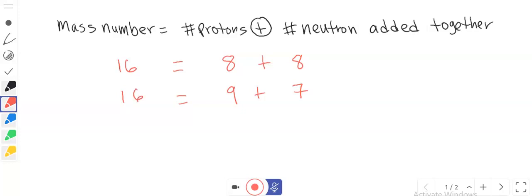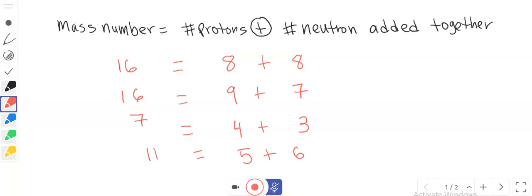Let's put a different one. Let's put 4 protons and 3 neutrons. Okay, so that will be 7 mass number. And let's give another example where we have 5 protons, but we have 6 neutrons. So that's 11 mass number.